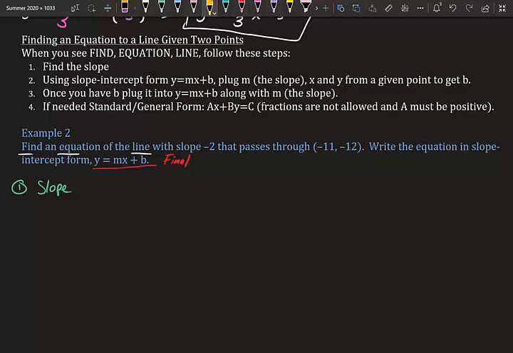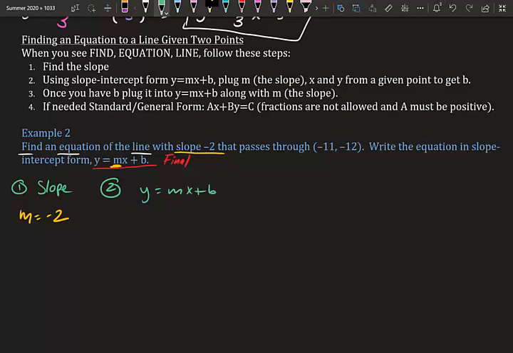We were given the slope. So we have that. Now, that's all we're given other than a point. But that's okay. That's all our first step is to do, is just find that slope. So it's -2. Our second step is to still use y equals mx plus b.